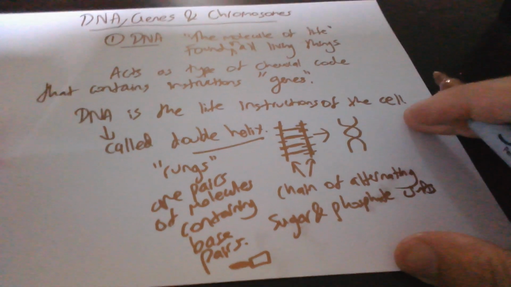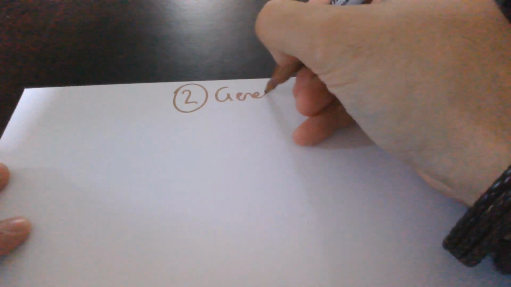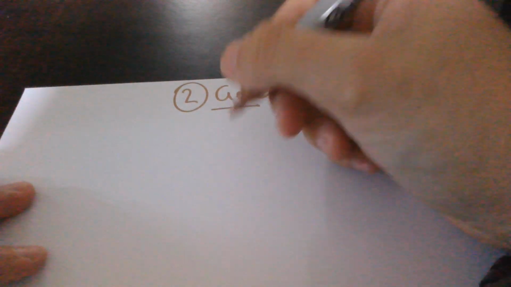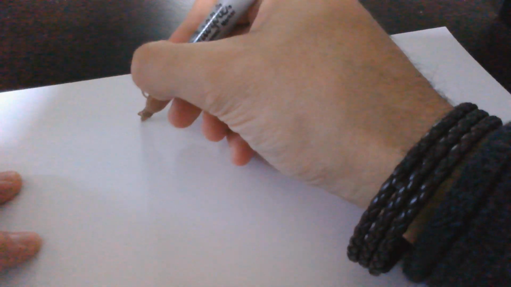So that's DNA. I now want to talk about genes. Number 2. Genes are basically segments of DNA. They're a piece of DNA.